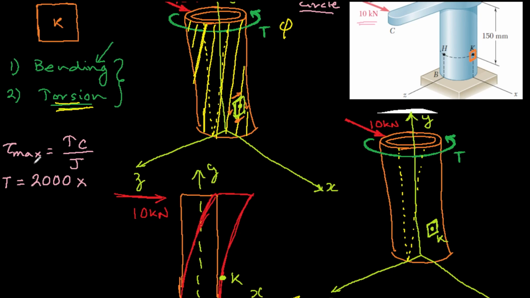So 10 kilonewton is 10,000 Newton, times 0.2 meters, so this will be equal to 2000 Newton meter. So that's the torque.